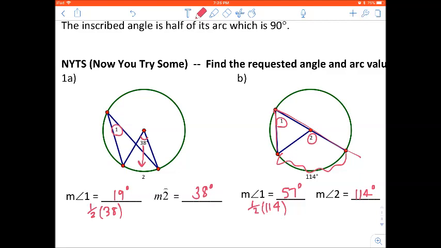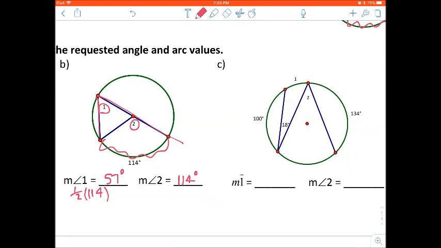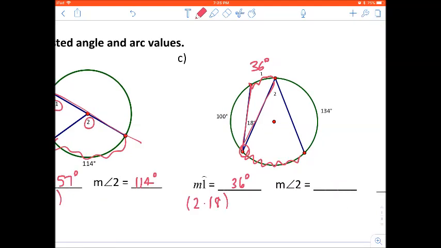And if you look at the last example here, a little bit of a different diagram. We have that 18 has a vertex on the circle, so that's inscribed to arc 1. So arc 1 is going to be 2 times 18, which is going to be 36 degrees. And then from here, we have all of the arcs except for this part that I'm squiggling. And so we could take 134, 100, and 36 away from 360.